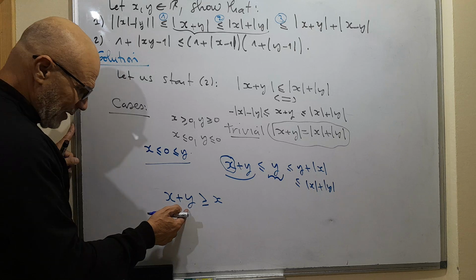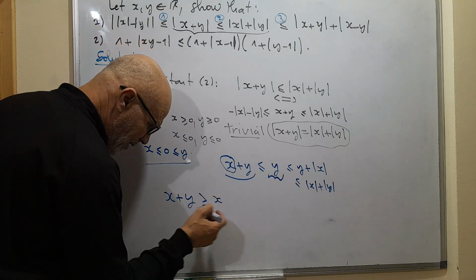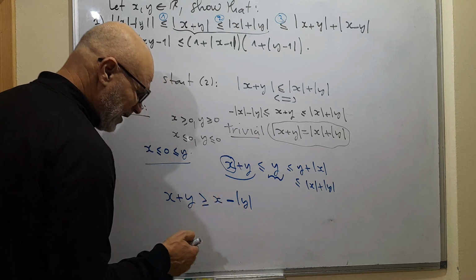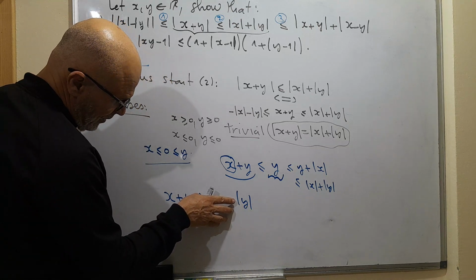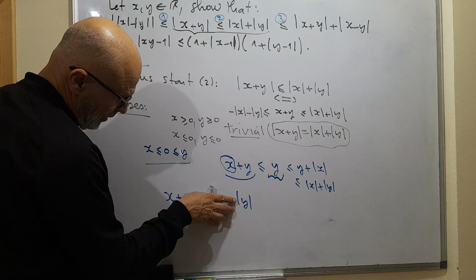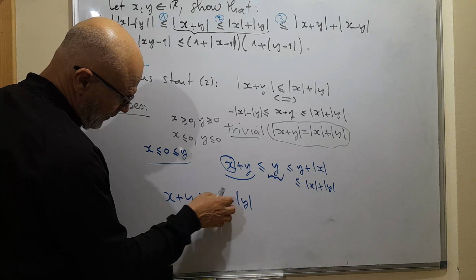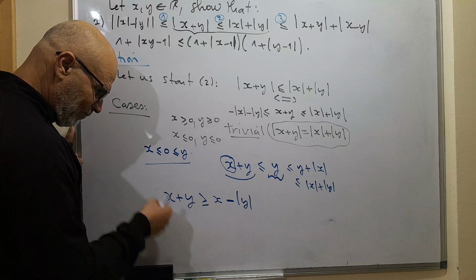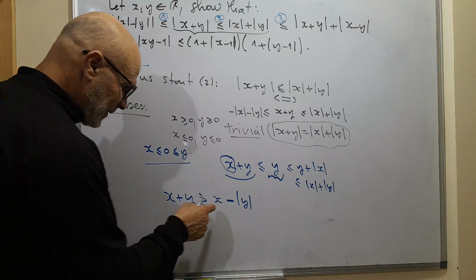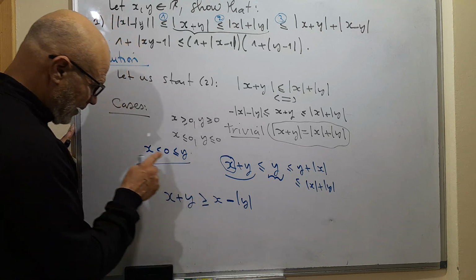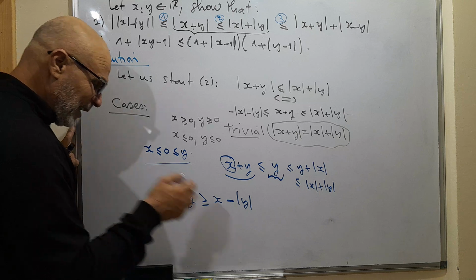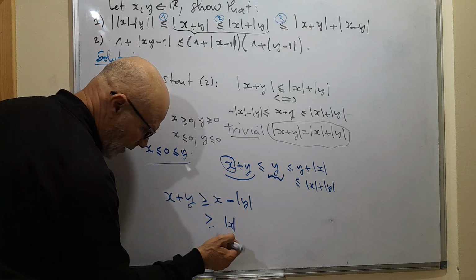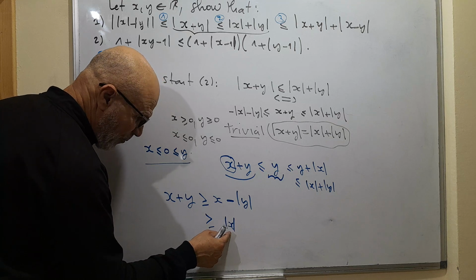But y is positive, so this is greater than or equal to the absolute value of y, because this is positive. If we take minus, we take minus once again. And x is negative, so if we consider the absolute value of x, this will be positive.